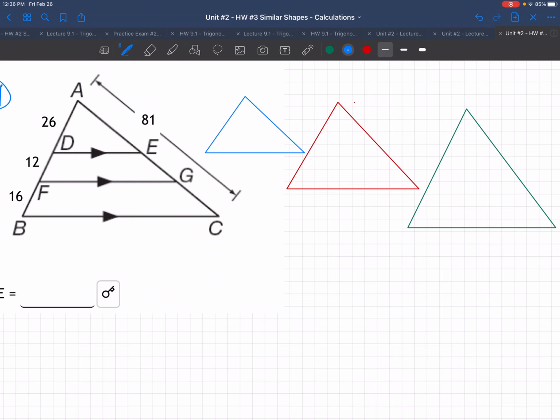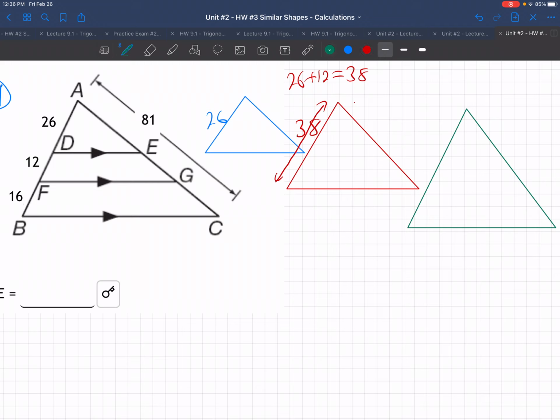And then for the small one, this is 26. For the medium one, it's 26 plus 12. So, which is what? 38. All the way there is 38.